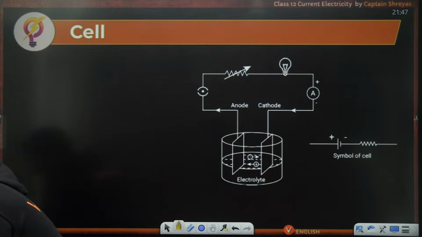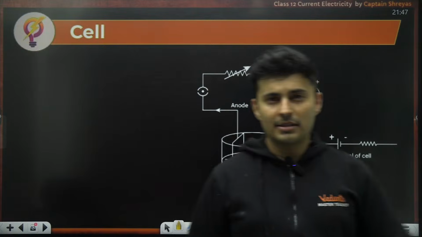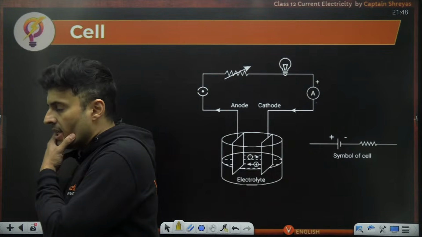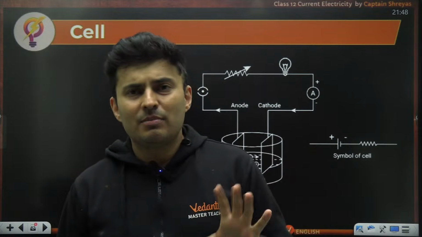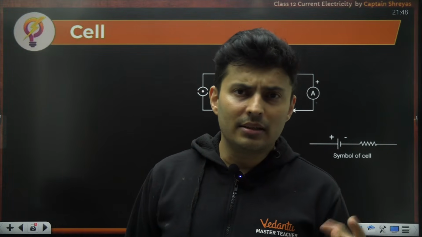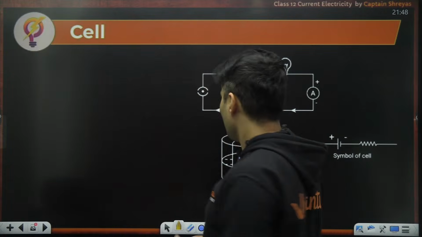Okay, cool. Now let's talk about batteries and cells. Observe. A battery or a cell is basically a device which converts chemical energy stored in it in those electrolytes and it converts it into electrical energy.